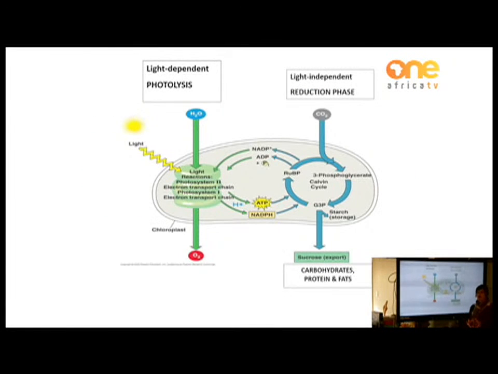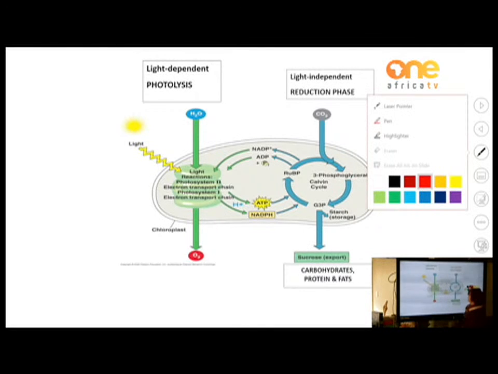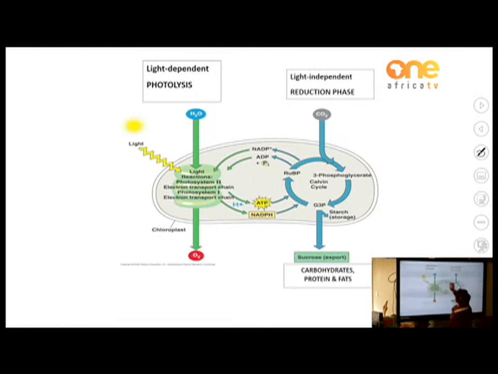Just to help you to remember, where is light important? We remember that photosynthesis takes place in 2 phases. Phase number 1 is the light-dependent phase, a phase that cannot take place if light is not present.